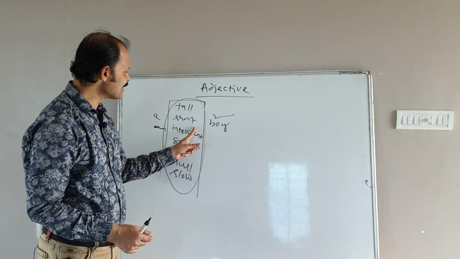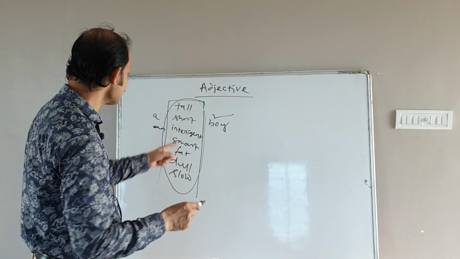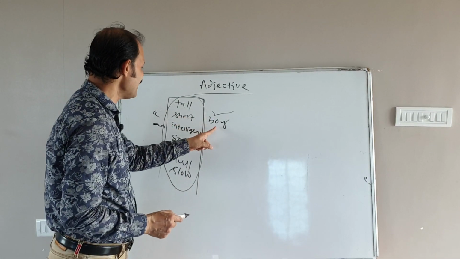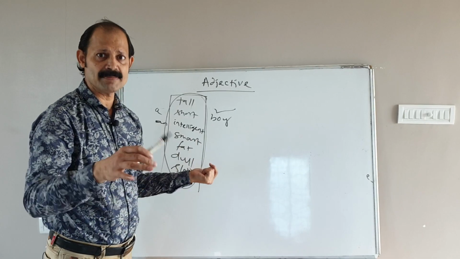So the word that describes the noun is an adjective, but don't think that the adjective should always be placed before the noun which it qualifies. The position of the adjective may vary.